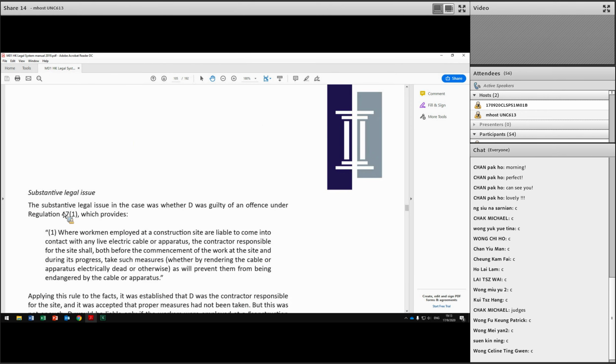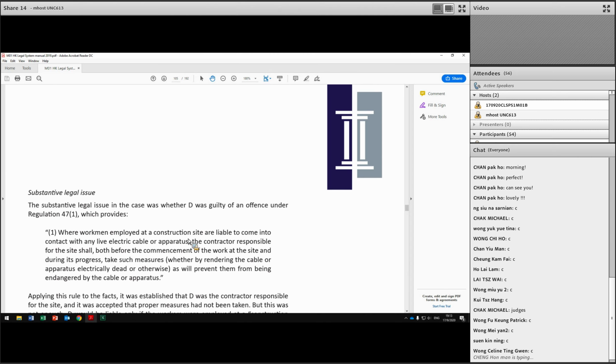The substantive legal issue in this case was whether the defendant was guilty of an offense under the regulation. The regulation provides that when there are workers working in the construction site, the contractor responsible should take such measures to prevent them from being endangered by the cable or apparatus. But the key issue is, what is the meaning of construction site?